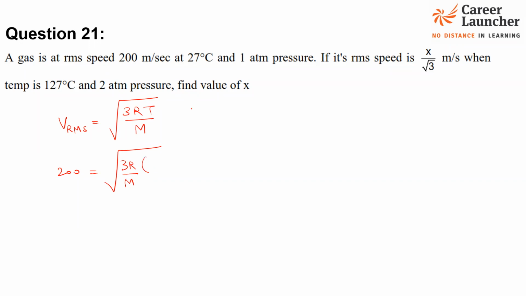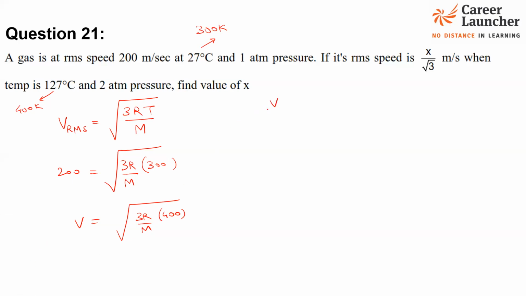At 27 degrees Celsius, if we add 273, this is 300 Kelvin. You're increasing the temperature by 100, so that becomes 400 Kelvin. So I can write V equals under root of 3R by M, 400. You can remove the Kelvin sign here.